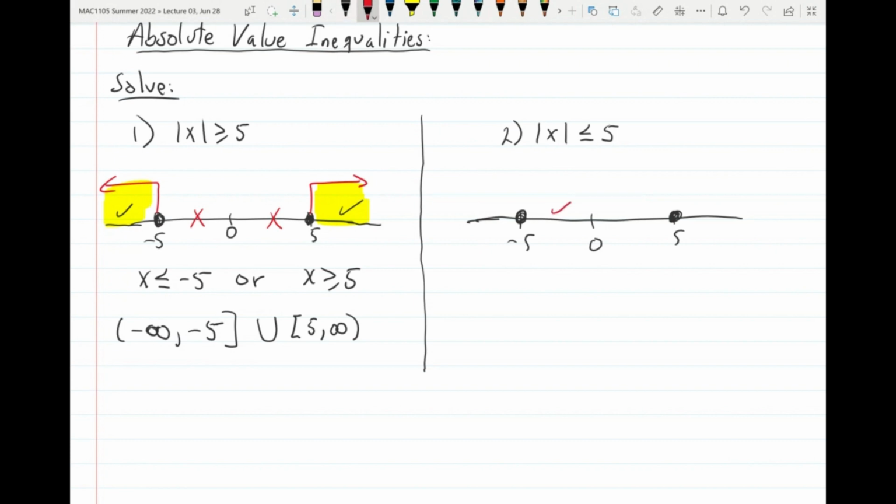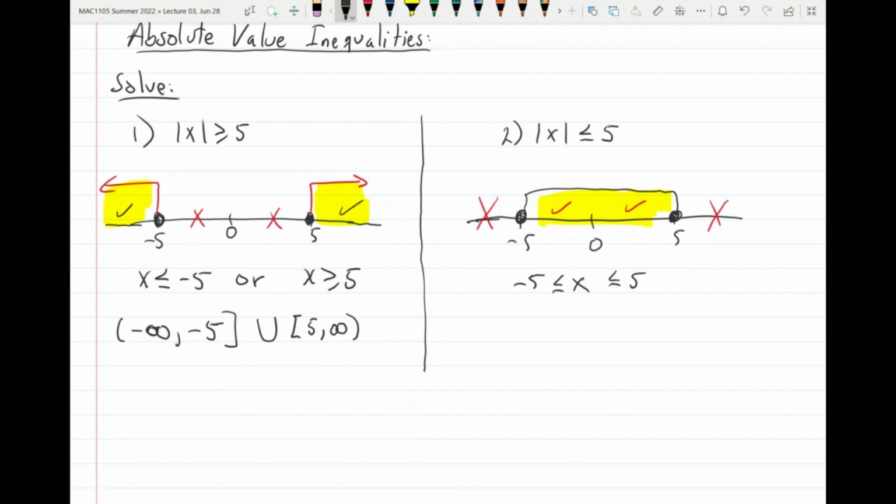If you pick something here, that's going to work because the distance from 0 is less than 5. And if you pick something over here, it will also work. Does everybody understand this? This is a no-go, and this is a no-go. So as long as you stay here, you're good to go. In other words, x has to be between -5 and 5.